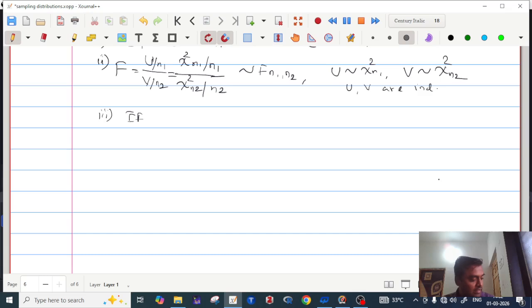The last is: if F follows F with n1 comma n2, then n1 F follows chi-square with n1 as n2 tends to infinity.